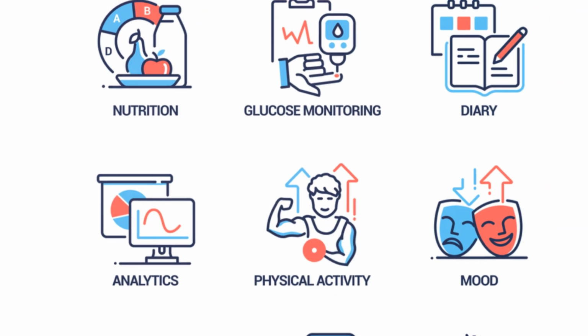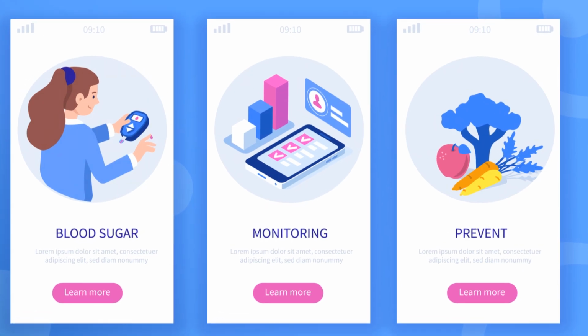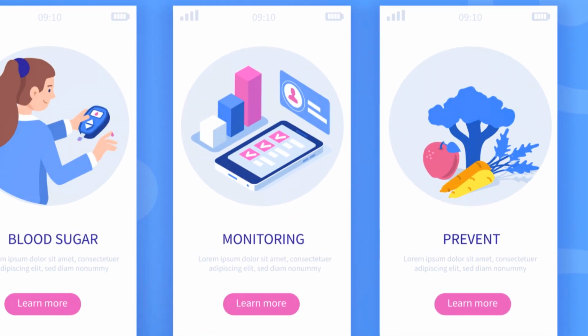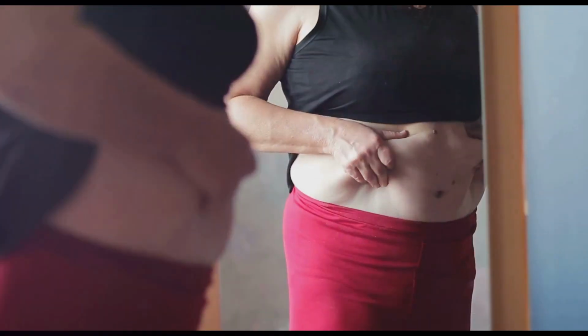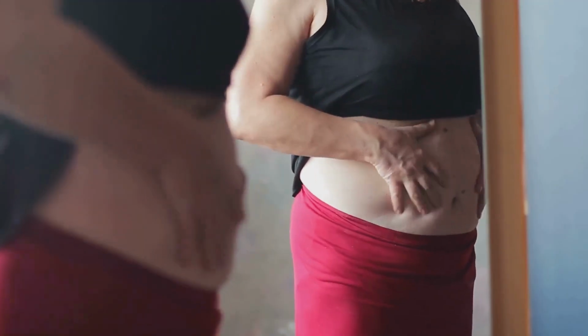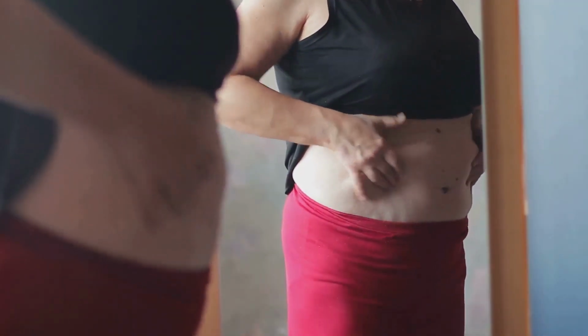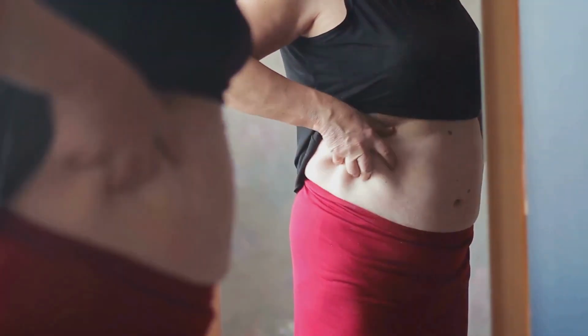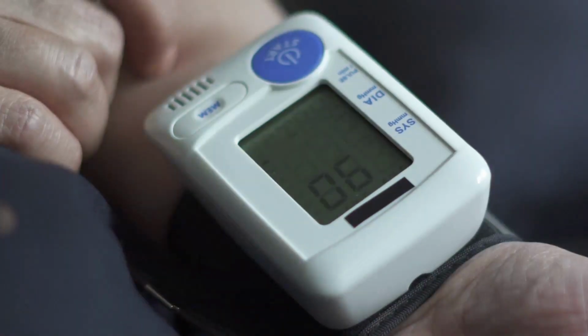Now that we have a basic understanding, let's delve into the specific aspects of these conditions. Insulin resistance and metabolic syndrome are broad conditions that can affect various aspects of your health. These conditions are not isolated, but rather form a complex interplay of several health issues.